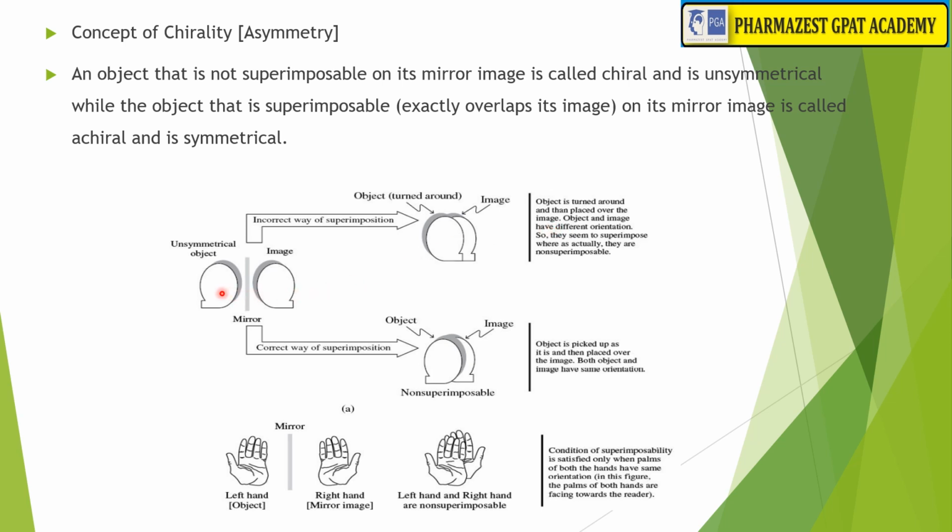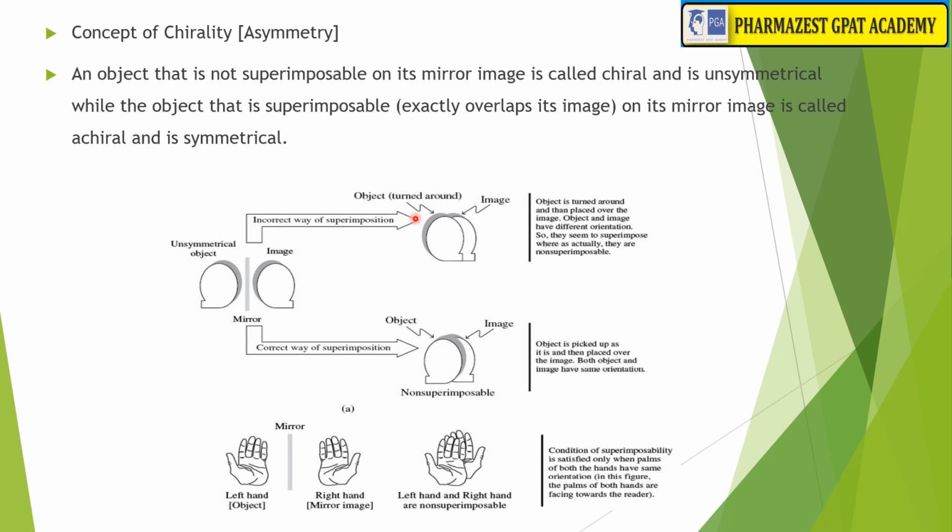The object and image have different orientations, so they seem to be superimposed, whereas actually they are non-superimposable. In this diagram, these two are the explanation of this, showing the correct way of superimposition and the incorrect way of superimposition.